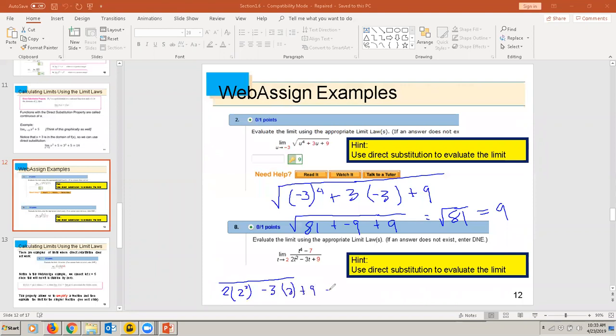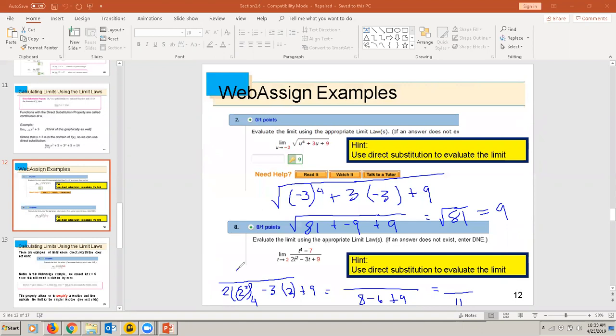If I work that out, 2 squared is 4, 2 times 4 is 8, then it's 8 minus 6 plus 9. That's 2 plus 9, so that's 11 in the denominator. So it's not 0. That means t equal 2 is in the domain of this rational function, and that tells me I can just use direct substitution.